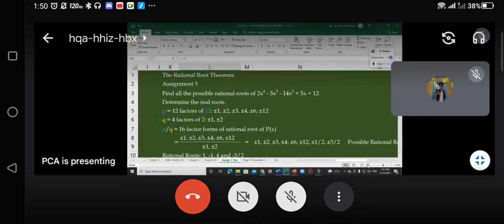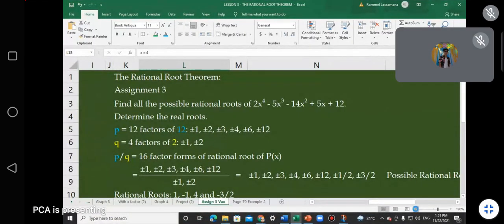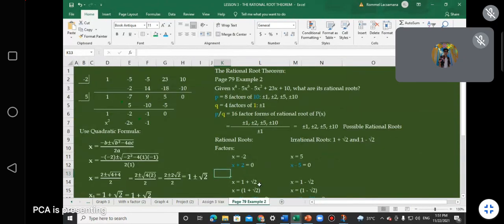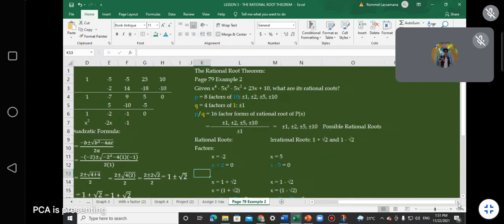I need not ask you to screenshot that. That is in your GC. Go to page 79 of your textbook, and let's examine what happened there. I do not like the textbook. The other textbooks are clear, with very good presentation, but this textbook I do not like.